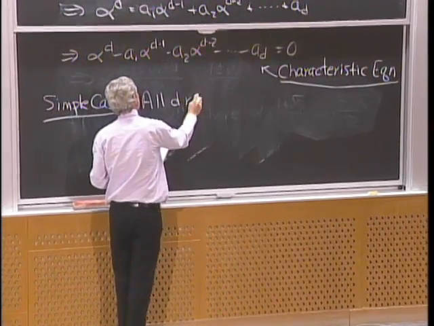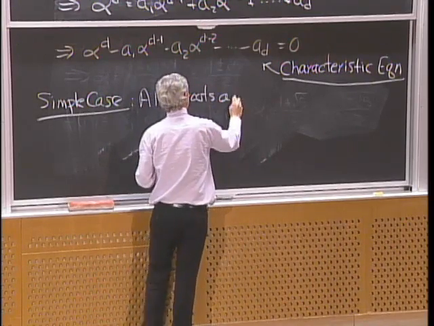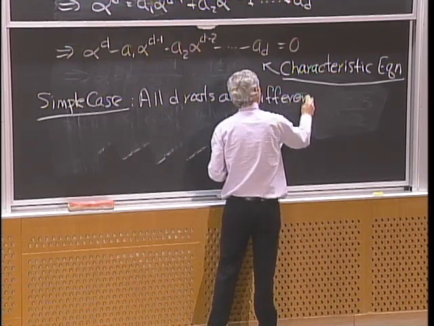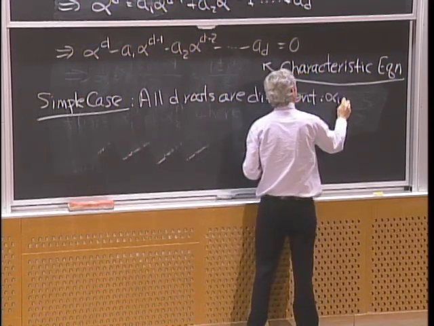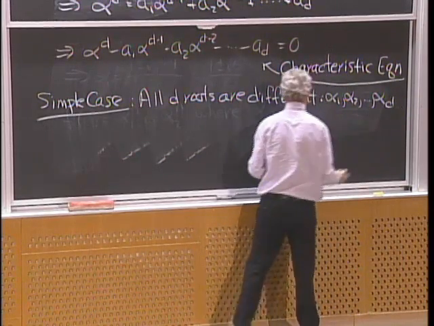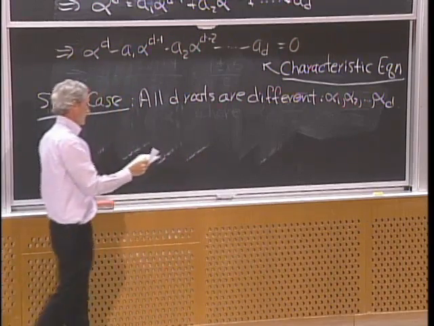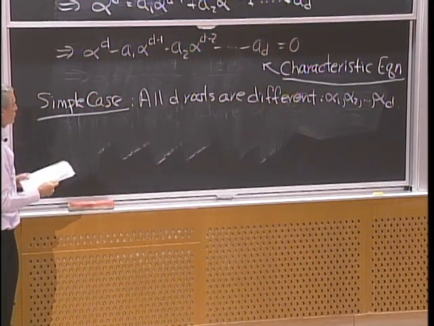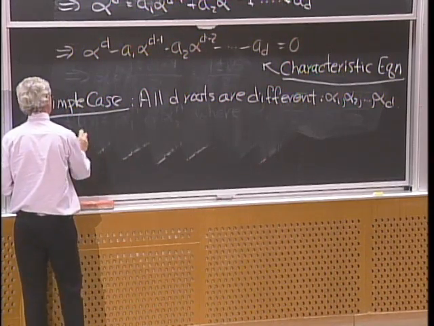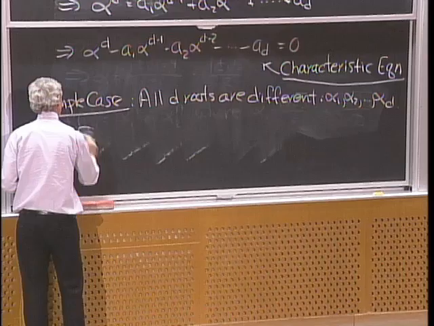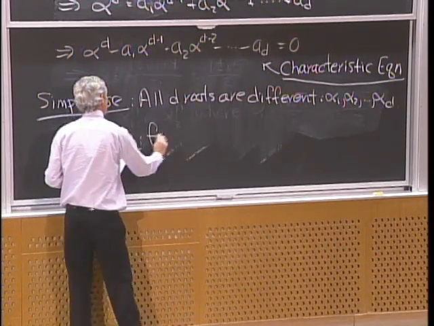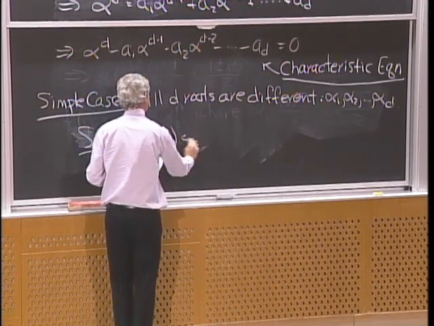All d roots are different. And let's call them alpha 1 to alpha d. In that case, the solution is all linear combinations of their nth powers, just like it was with Fibonacci, without the boundary conditions.